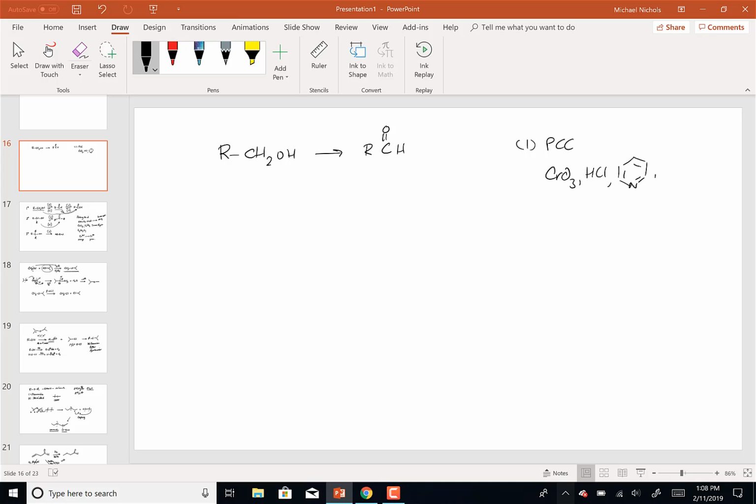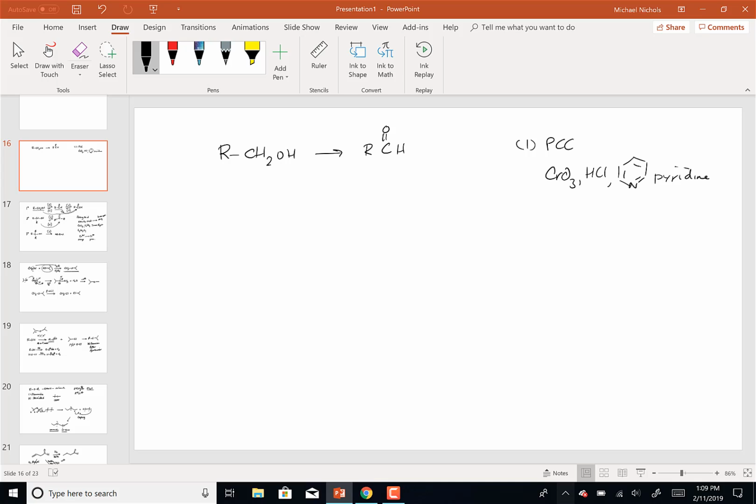That's pyridine. So that makes pyridinium: the proton protonates the pyridine, making it a pyridinium ion, and then the chromic acid and the Cl-, or chlorochromate.